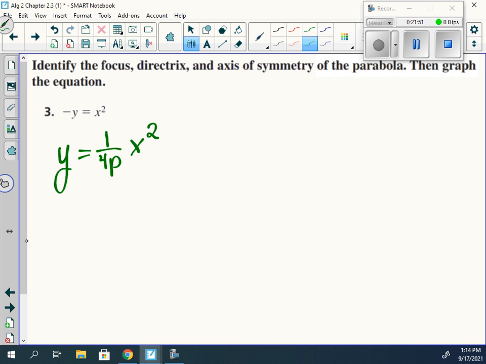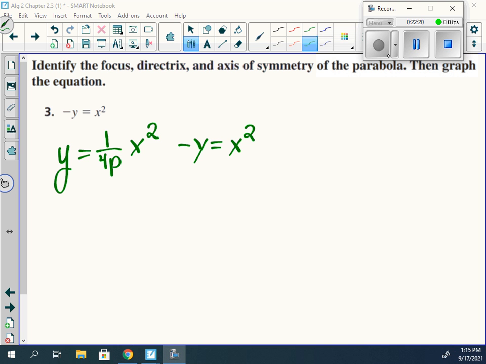Now, is the equation they gave us already in this form? What do we have? Negative y equals, is that the same as y equals? No, because the value of y is negative. We need it to be positive.